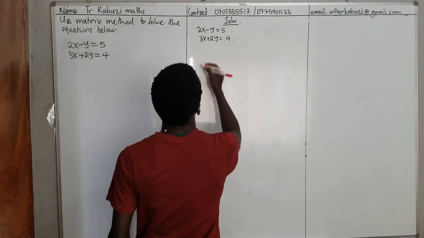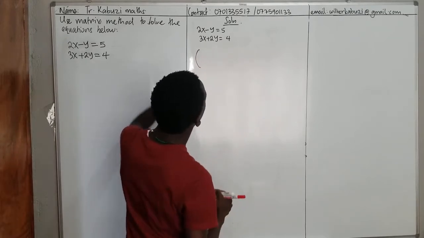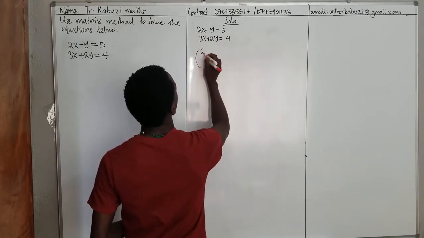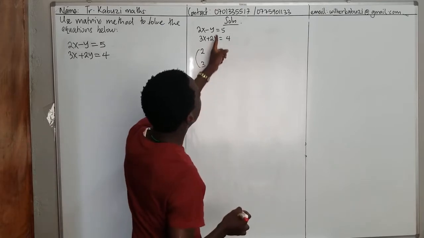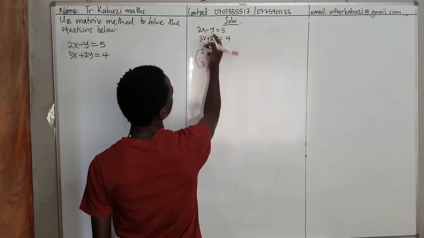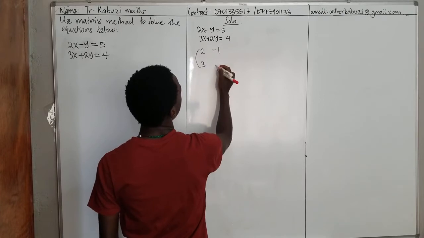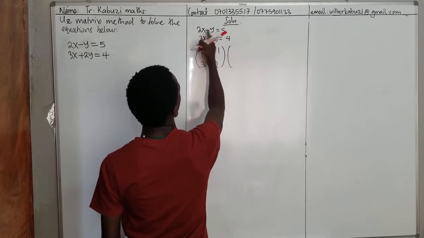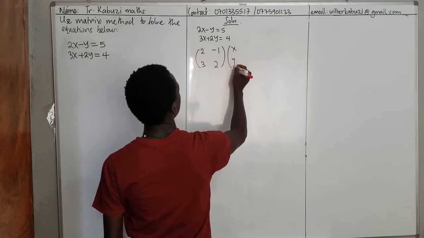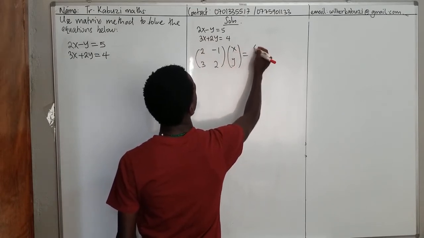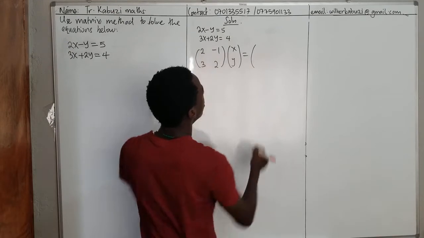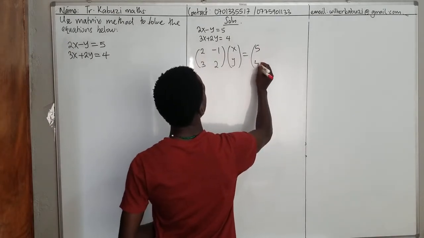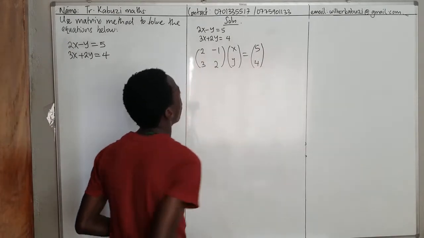So we pick the coefficients of x: 2, 3. Then I come for the coefficients of y: -1 and then a 2. Then in that order of x, y equals the solution. So this is what we call the solution matrix, 5, 4.